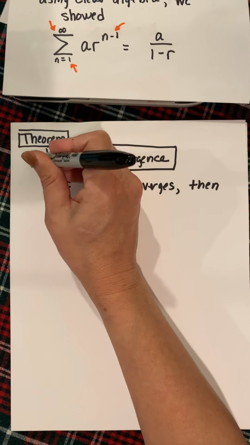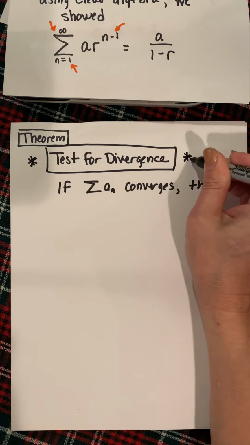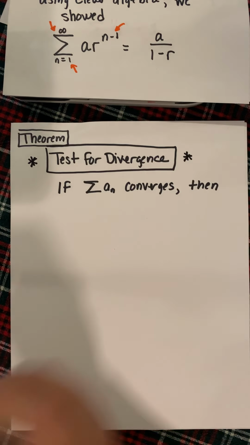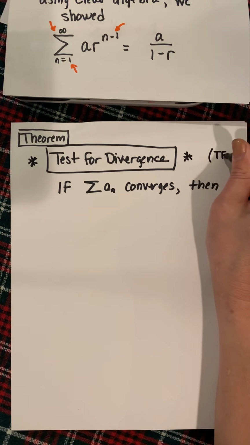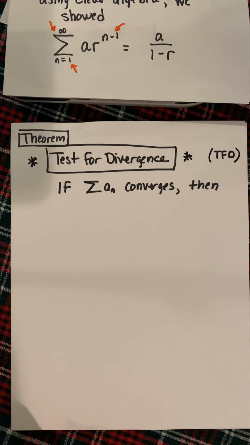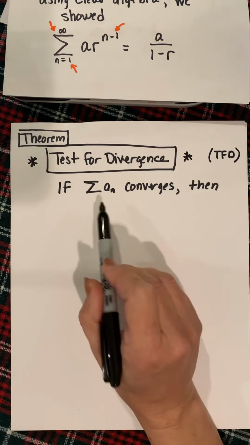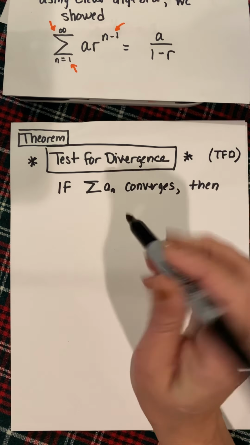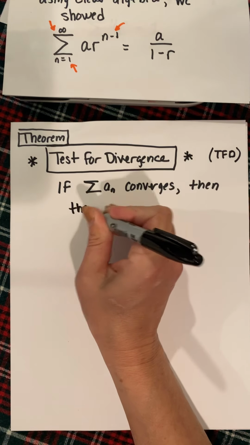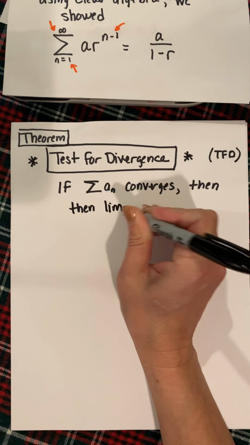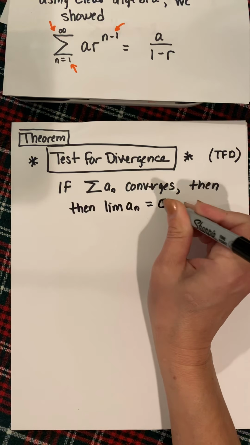In this section, they also introduce what we call a test for divergence. The test for divergence, I'll abbreviate it TFD, tells us if a series converges, then the limit of the corresponding sequence has to be 0.